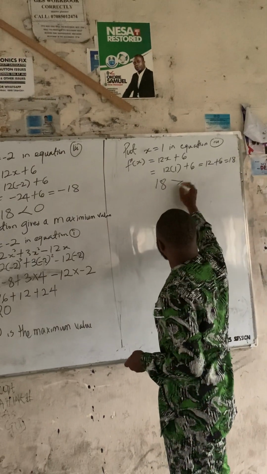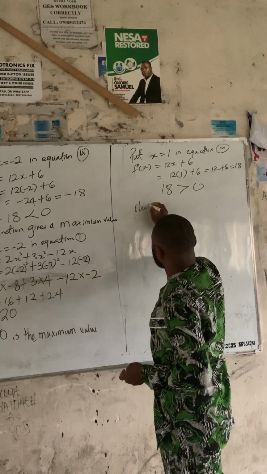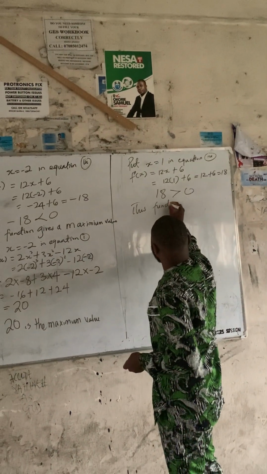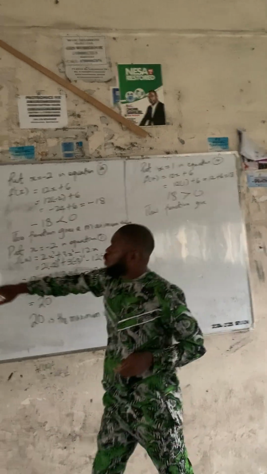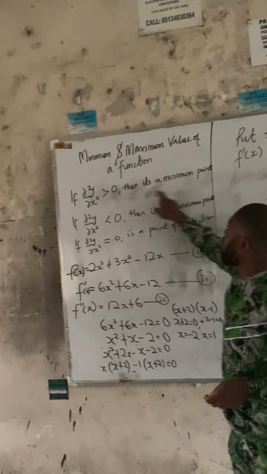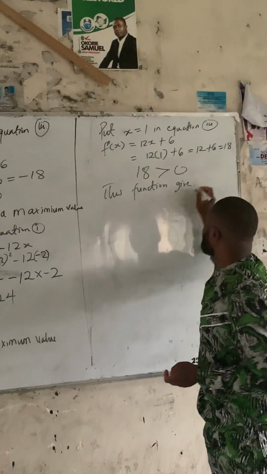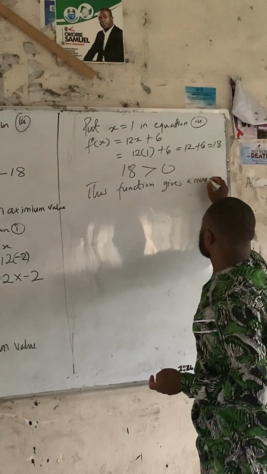And 18 is greater than 0. So this function gives a minimum value. From the rule, when it's greater than 0, you have a minimum point, and as well a minimum value.